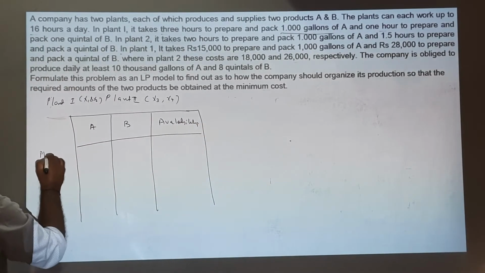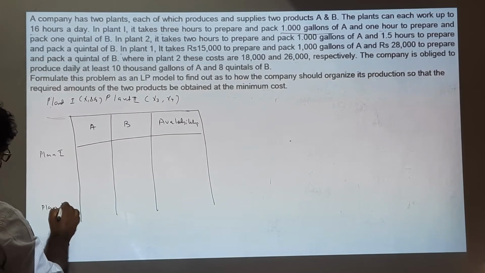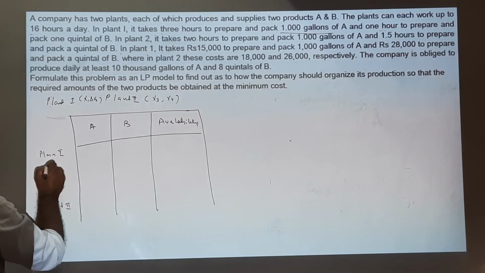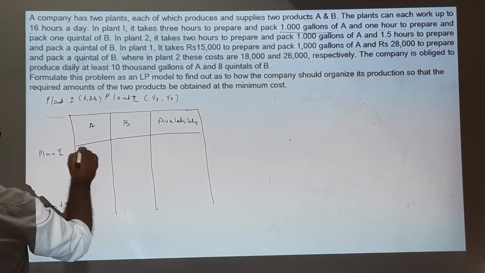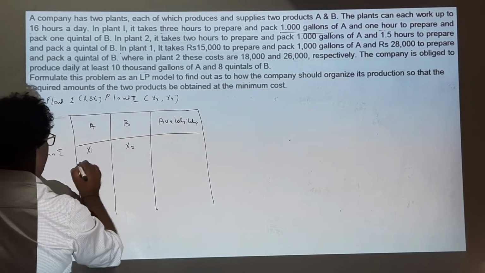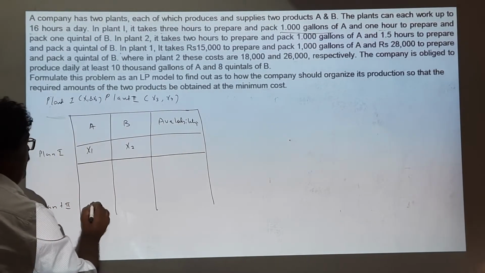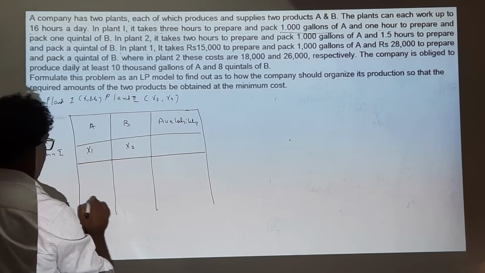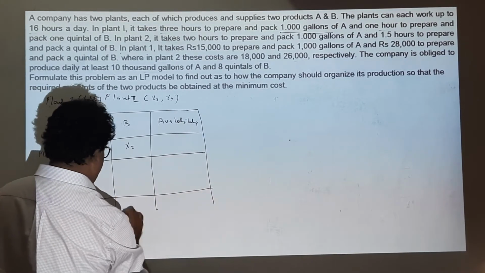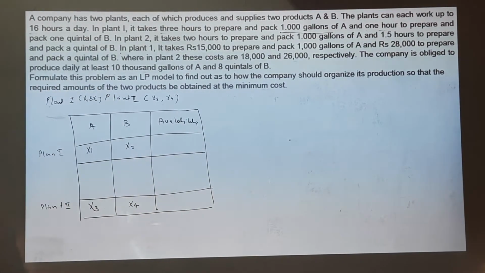Here plant 1 and here plant 2. For plant 1 you have x1 units of A and x2 units of B. For plant 2 we will have x3 units of A and x4 units of B. So I think you understood this concept.